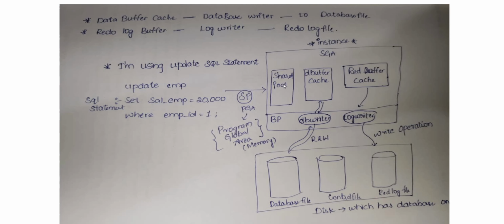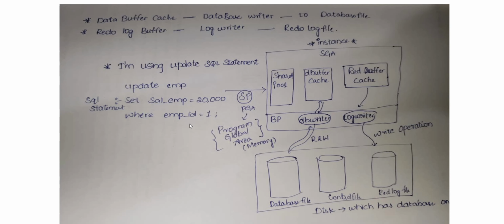Whenever these dirty blocks reach a certain limit in the data buffer cache, then this background process, the database writer, will write the blocks to the database files. This is all about the database writer. It is a process which helps the data buffer cache in order to read and write data blocks from and into database files.